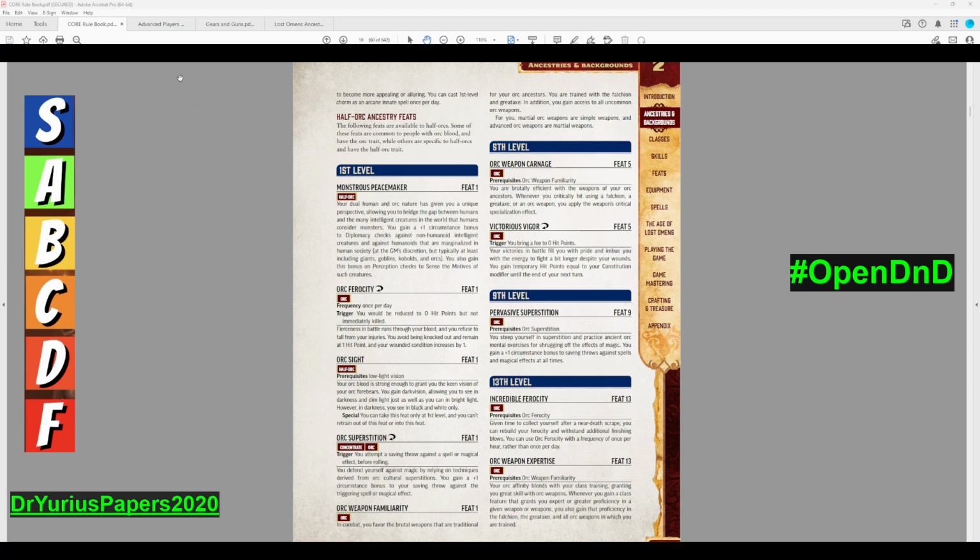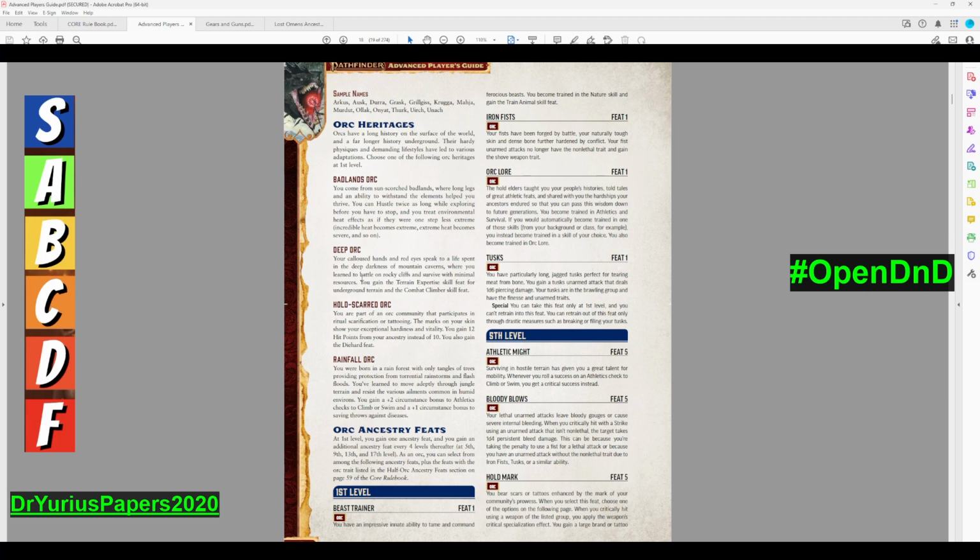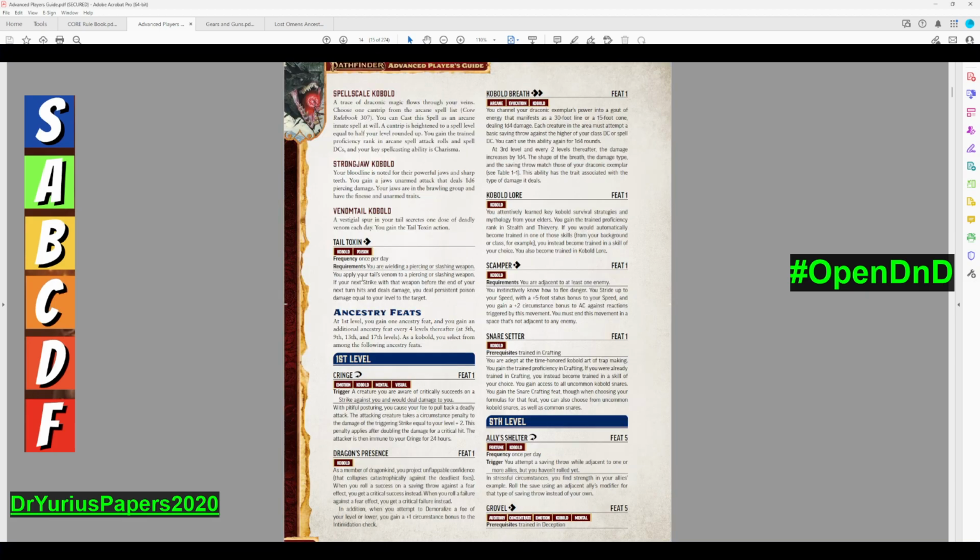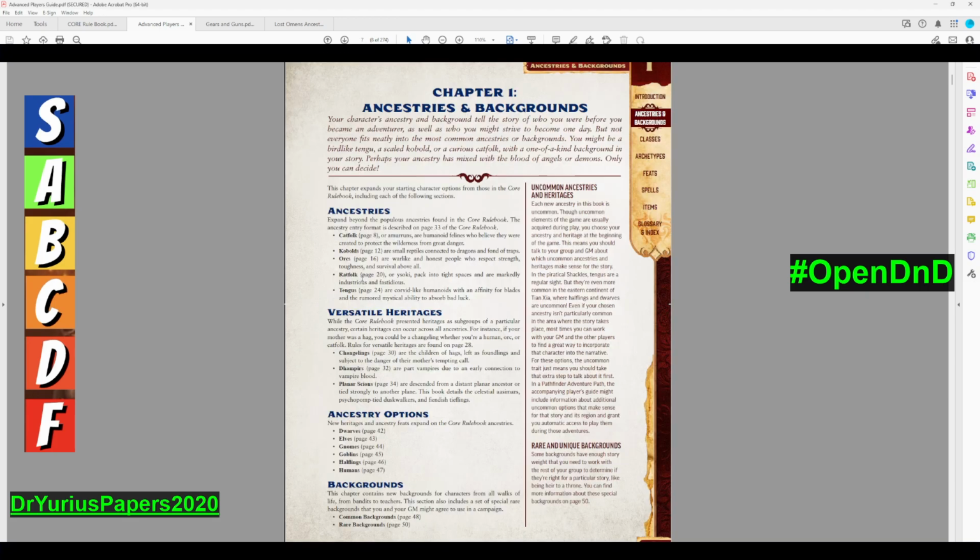Okay. So in the Advanced Player's Guide, there are a bunch of different new ancestries and it's called versatile heritages. While the core rulebook presented heritages as a subgroup of a particular ancestry, certain heritages can occur across all ancestries. For instance, if your mother was a hag, you could be a changeling whether you're a human or orc.